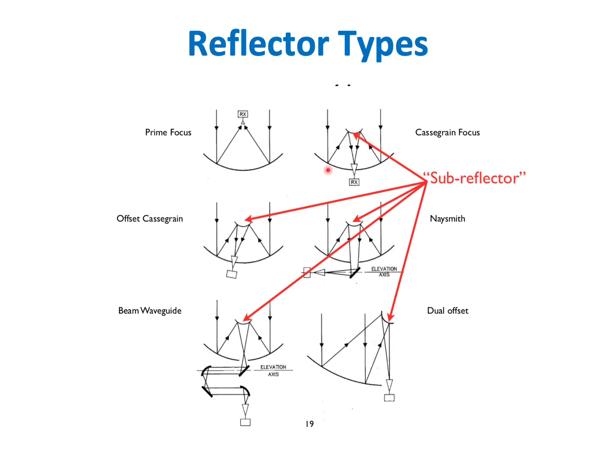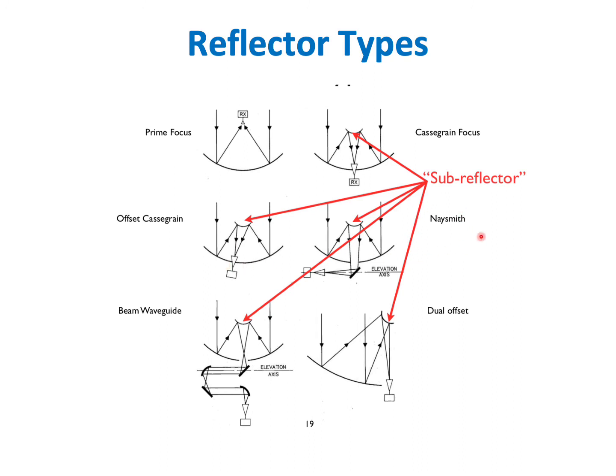Light comes in, reflects off your main surface, re-reflects off the secondary, and is received. There's also an offset Cassegrain, which will come up a bit later. The idea there is you have the same Cassegrain subreflector, but instead of receiving light directly underneath it, your receiver is offset from the center, so there's a bit of an asymmetry there.